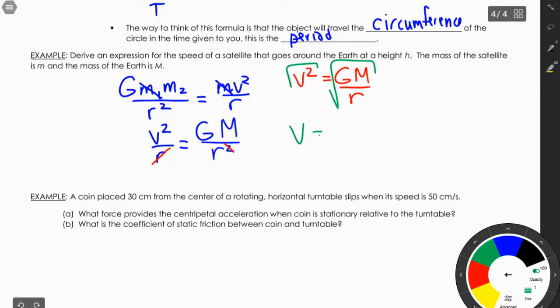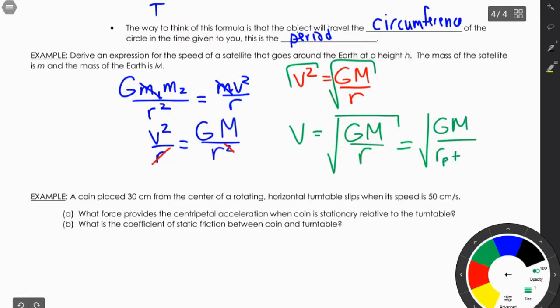So v, the speed of a satellite, is simply the square root of G M over r. In fact, it's going to be the square root of G M over the radius of the planet plus the height. Remember, we talked about this a couple of videos ago, this is what we call the orbital radius. And remember that the gravitational pull comes from the center of the planet.